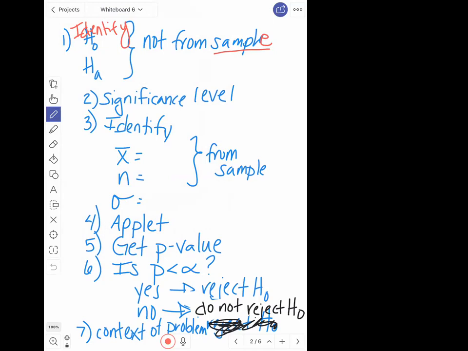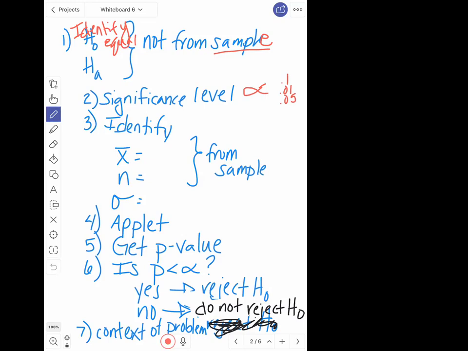Again, your null has to have an equals in it, and your alternative does not have an equal sign. Next, you need to identify your level of significance. Typically, this is shown with the Greek letter alpha. Typically for us, it's either going to be 0.1, 0.01, or 0.05. That means we are 90% confident, 99% confident, or 95% confident.